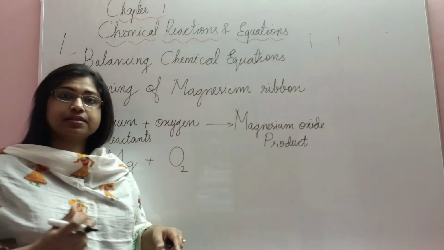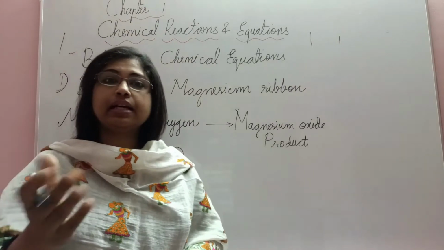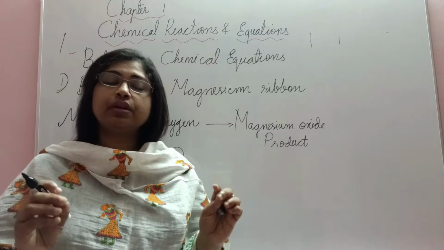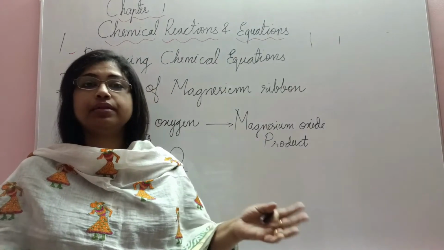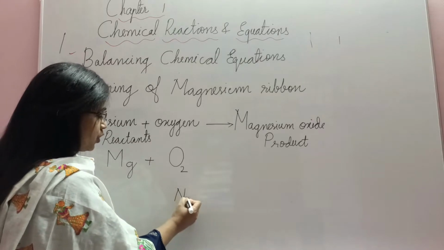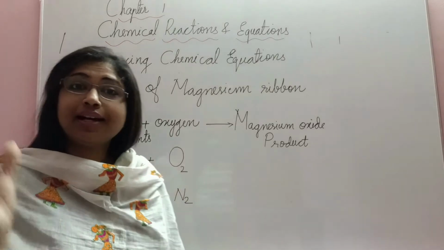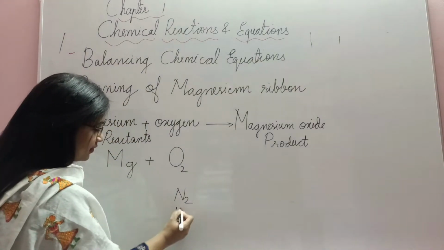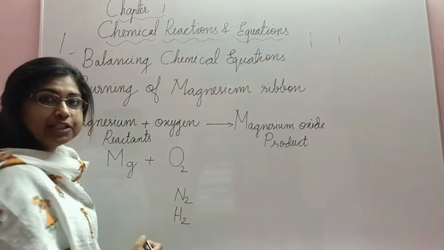There are other gases in the air, like nitrogen gas. The atoms of nitrogen also don't have independent existence, so we will write it as N2. Then hydrogen gas, the simplest gas, is also like that. It is diatomic, H2.